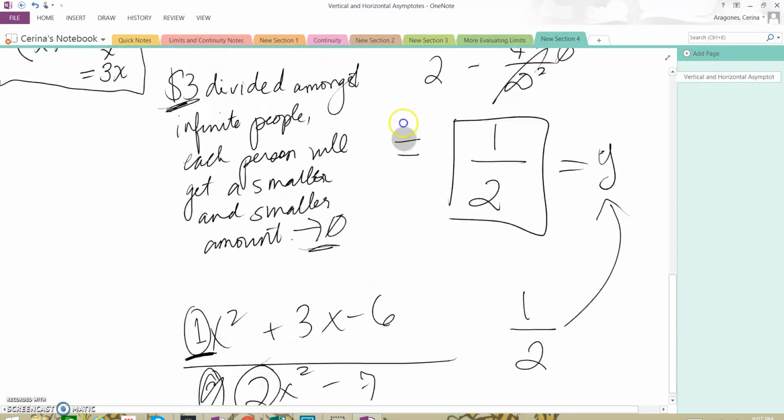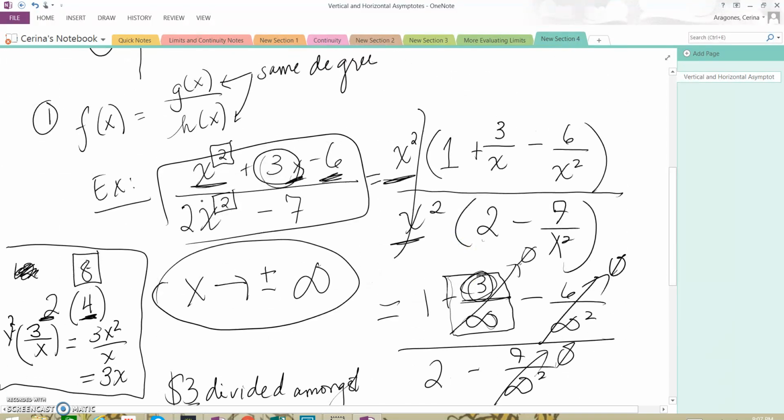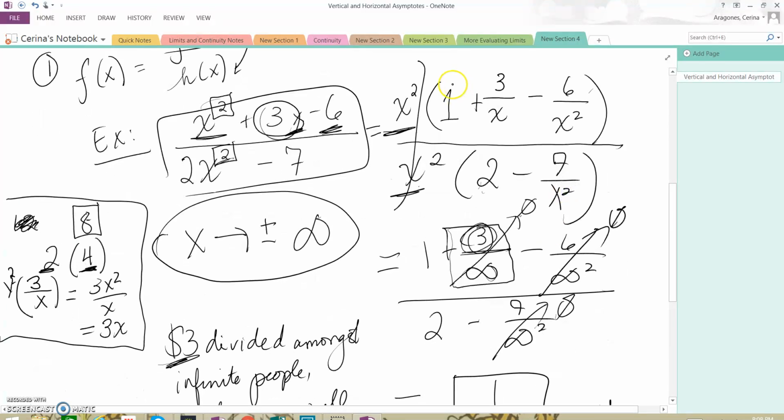So actually, we showed that whenever we have the same degree of our numerator and our denominator, we can factor those out and cancel all other terms except for the coefficients of the leading term.